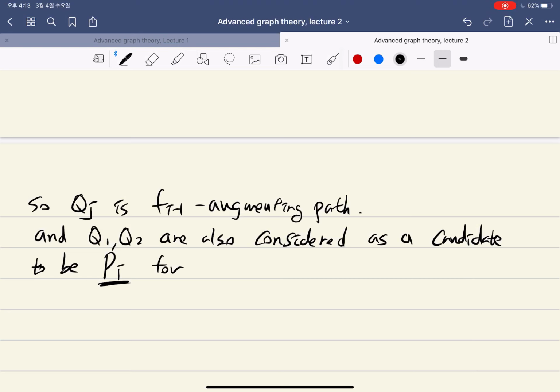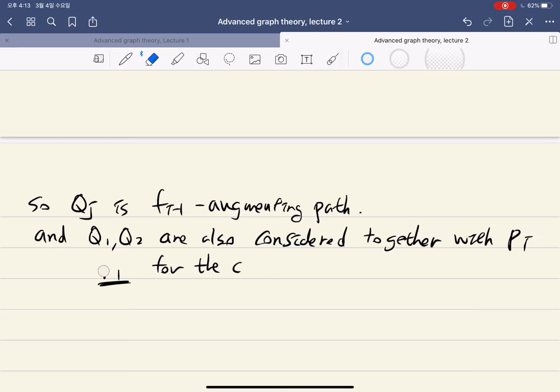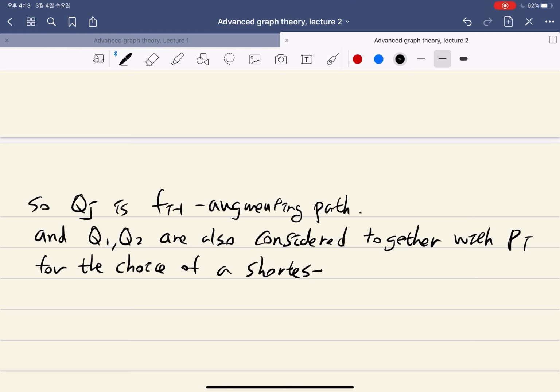So this was considered, say, let's try it this way, together with Pi for the choice of the shortest f sub i minus 1 augmenting path.